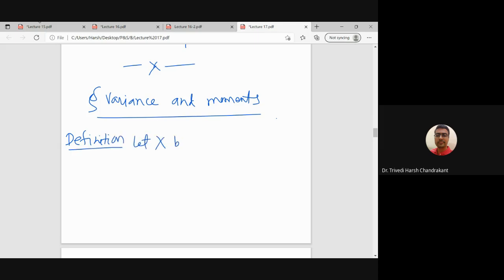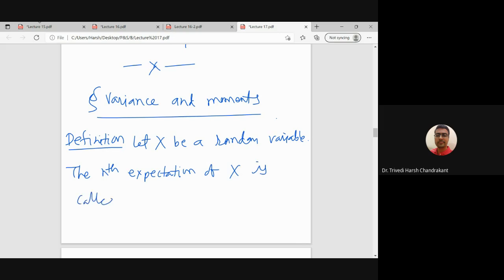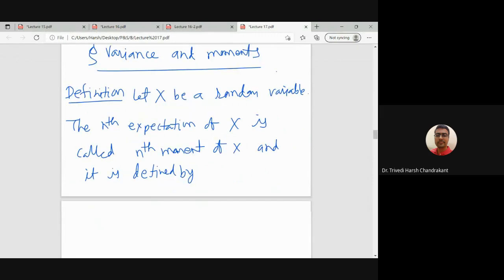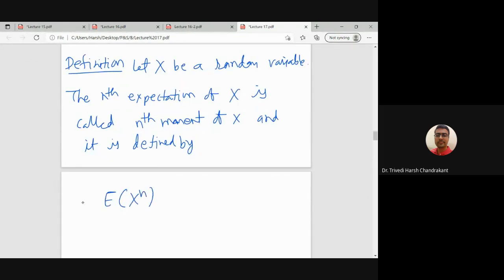So let X be a random variable. The nth expectation of random variable X is called the nth moment of X, and it is defined by the expectation of X power n.